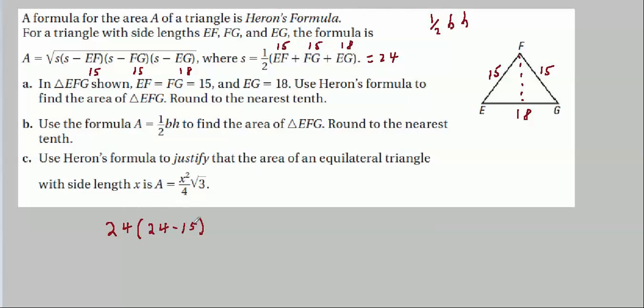Times, and here we go again, 24 minus FG, which is 15 again. And the last one is 24 minus 18. And that's the whole thing. And we're going to take the square root of that.